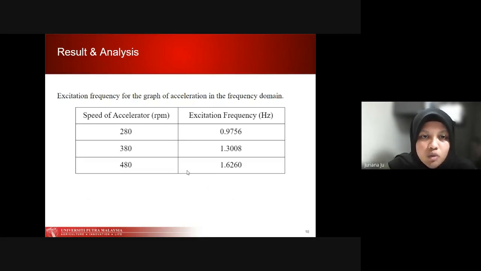For 280, we get 0.9756, and 1.3008, and the last one for 480, 1.6260 hertz, which is the highest of them. So that's all for the results and analysis. I will pass to the next presenter.